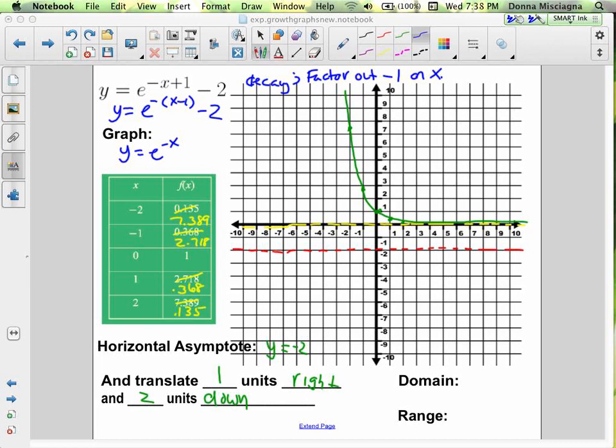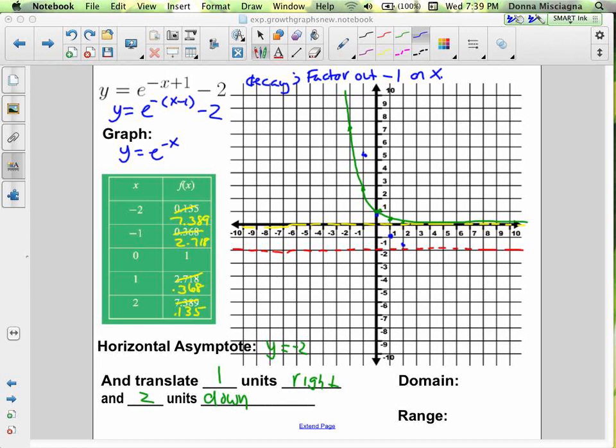All right, so 1 to the right, and then 2 down. So 1 to the right, and 1, 2, right there. 1 to the right, and 1, 2. And 1 to the right, and 1, 2. And then, well, it's easier for me to count up a little bit.